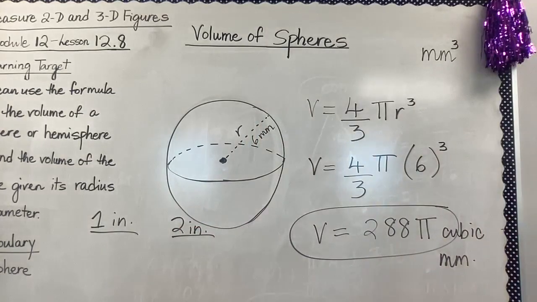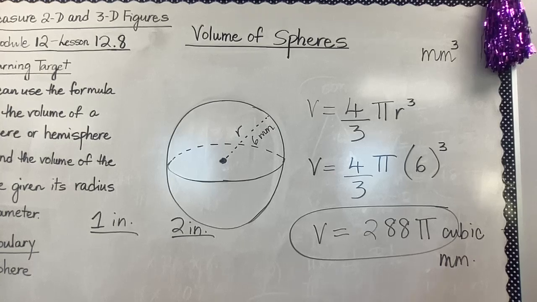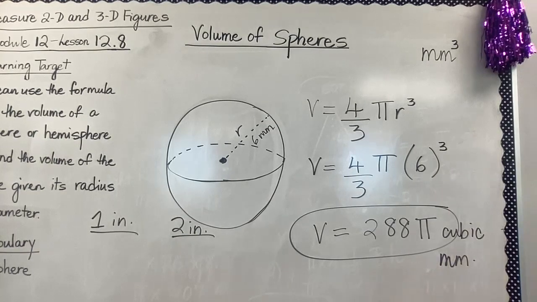What do you notice about the relationship between the volume of a sphere with a radius of 1 inch and the volume of a sphere with a radius of 2 inches? Do you think this relationship always exists when a radius is doubled? Let's quickly go ahead and do the calculation of these two so that you can see.